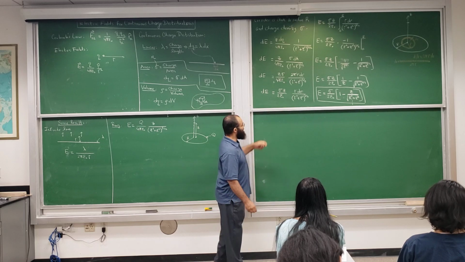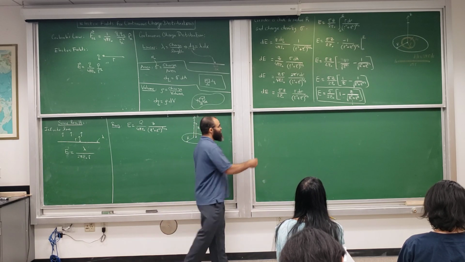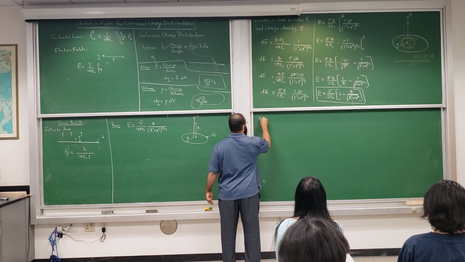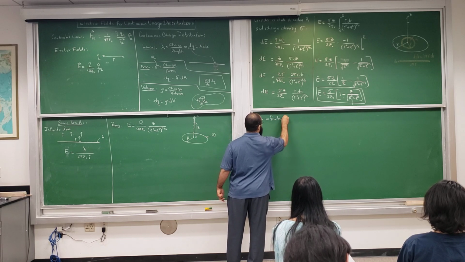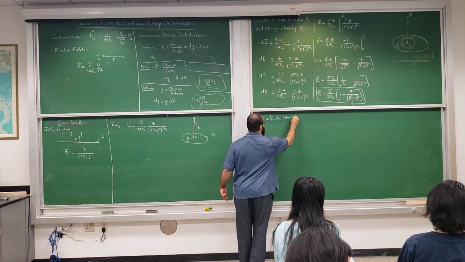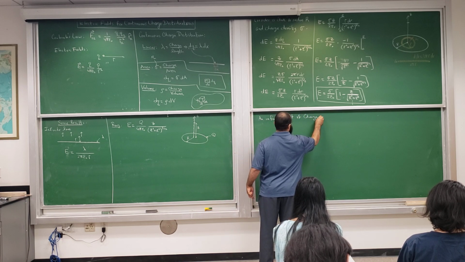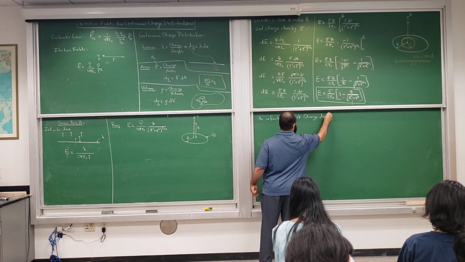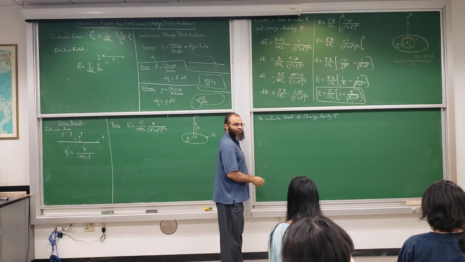An infinite disk means an infinite sheet. So for an infinite sheet of charge density sigma, what's the electric field?